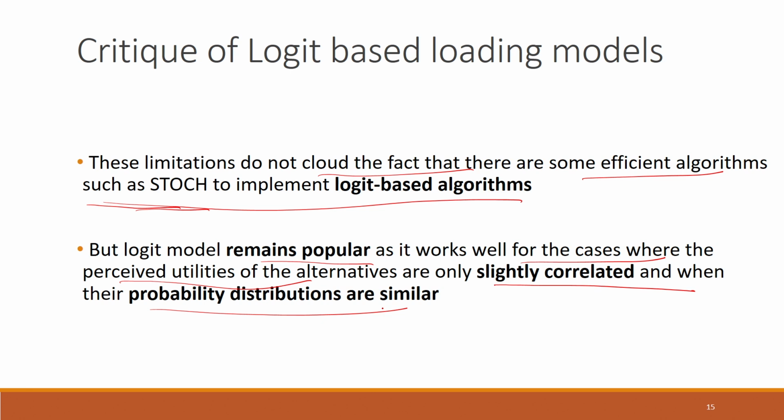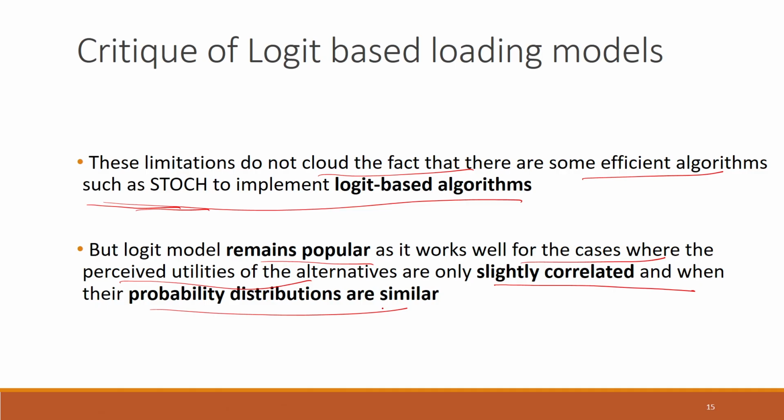When the perceived utilities have very little correlation, they can be treated as good as independent. And if the perceived utilities of the alternatives we are considering have very similar probability distributions, then assuming the Logit model is not bad, because the assumption of identical distribution for the error terms can make sense.